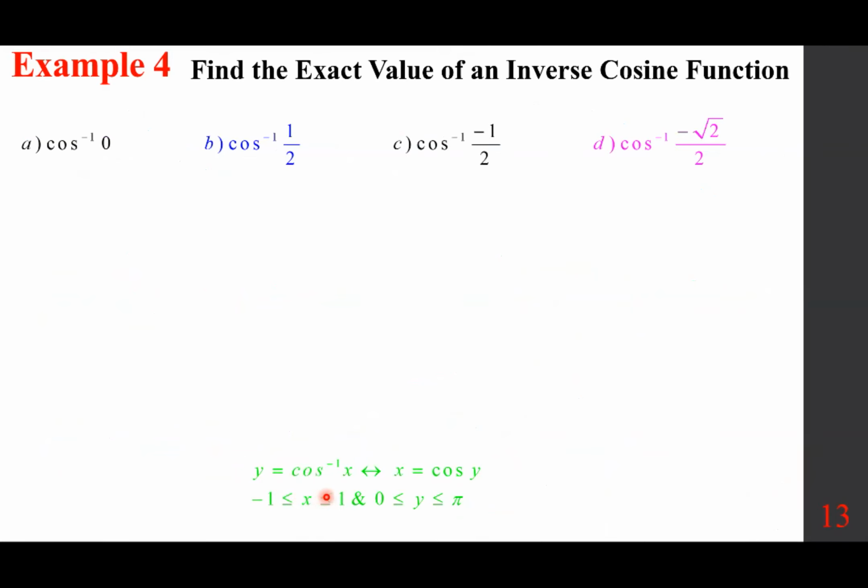So if this is cosine inverse 0, we can say, okay, we don't know the answer, let it be x, y, z, or theta. By definition, cosine theta becomes 0. So theta, cosine of what angle is 0? That in the interval of 0 to pi, of course, and the answer is pi over 2. It is one of those common ones.